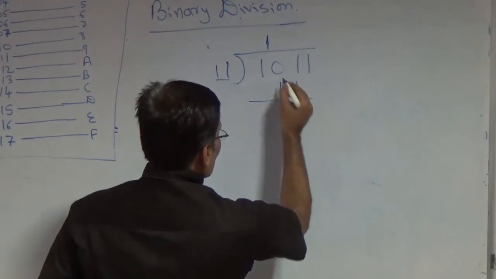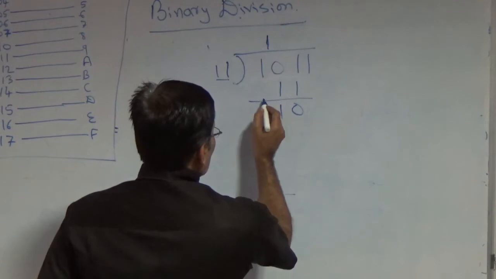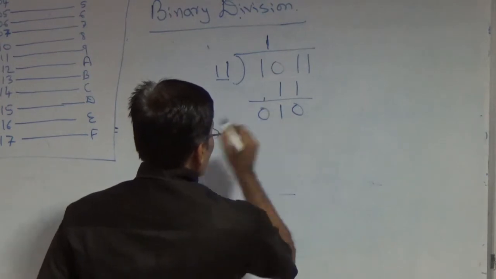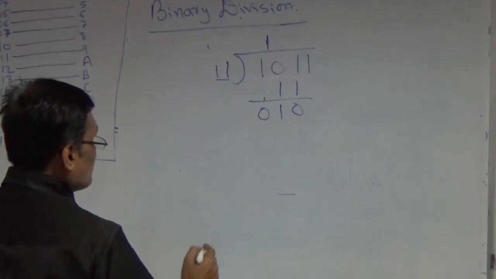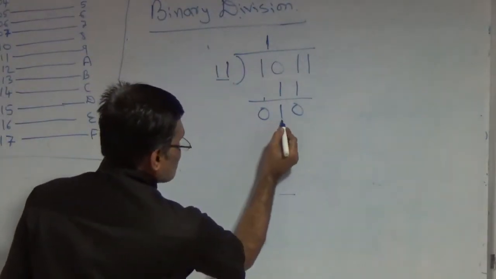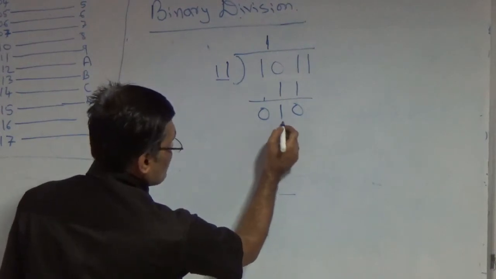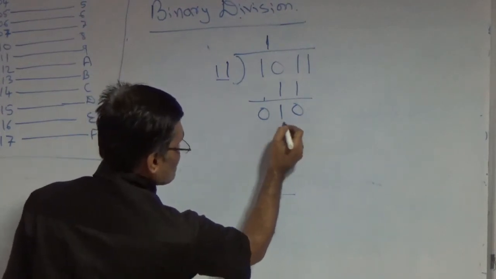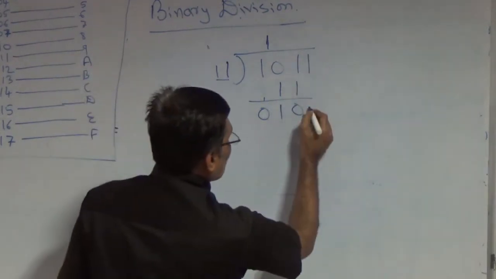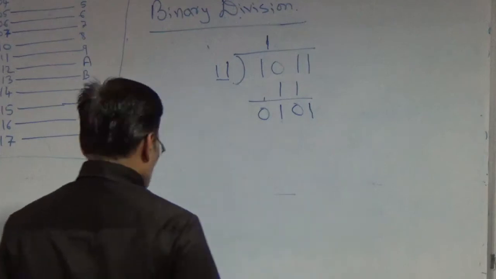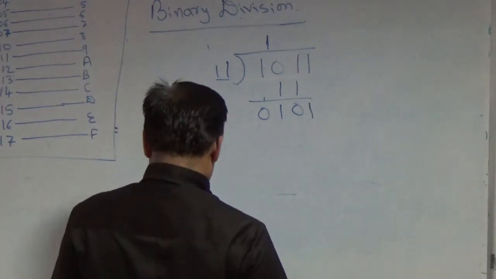You already know 1 minus 0, and 0 minus 1 is 1 with a borrow, and then 0, 0, 1, 0. Again, the remainder that is being generated is less than this divisor, so we will borrow 1 here and consider the next digit.